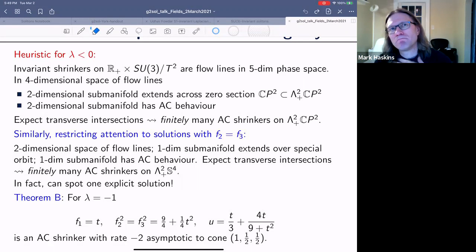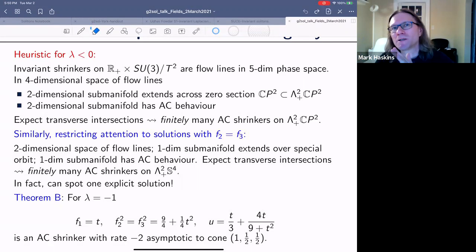So you can think of, in C3, take R3 and e to the i pi over 3 R3. That's the union of special Lagrangian planes, and then there's the most symmetric Lawlor neck that smooths them out.